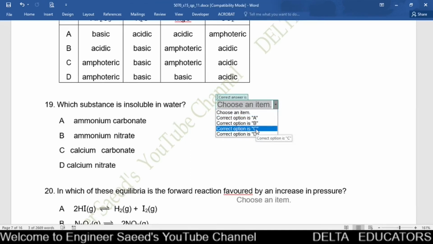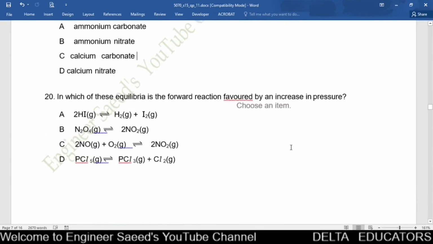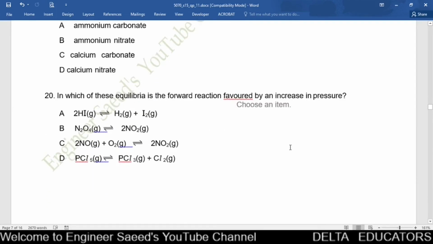Question number 20. Which of these equilibria is the forward reaction favored by the increase in pressure? With the increase in pressure, the reaction will proceed in the direction where the volume is decreasing. Now we check the options.